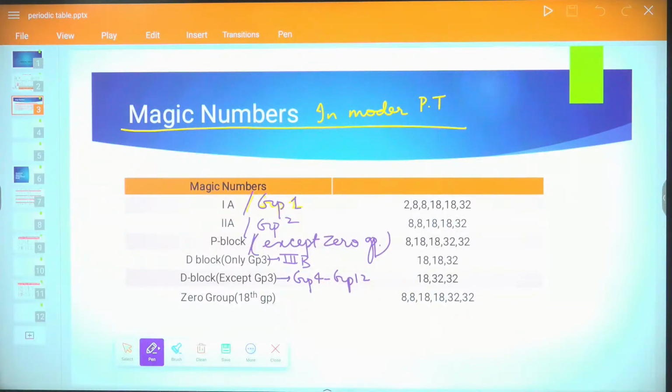After writing, please give a thumbs up so that I can understand that you have written. Okay, few people have finished. After writing this, I'm going to explain and then you have to do some work there.